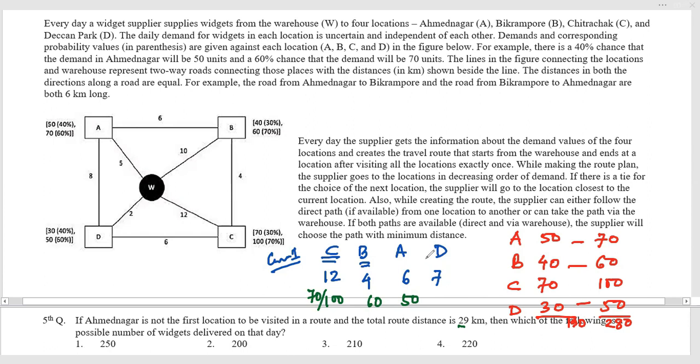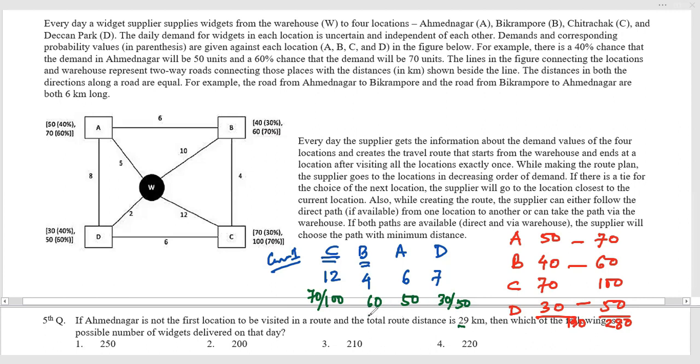B to A to D. So D can be 30 or 50, any value. That means my addition values: 70, 30 it can be; 30, 50 it can be.